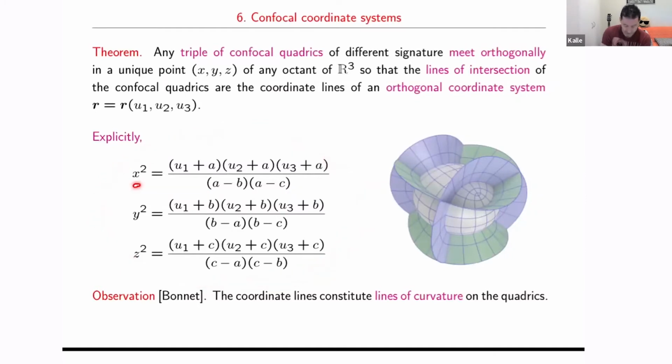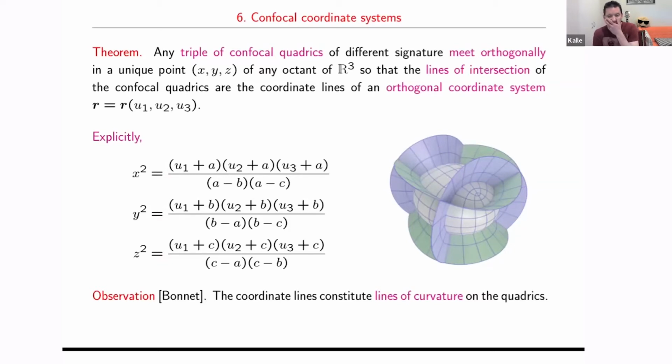Of course you have a choice here. You can choose plus or minus, plus or minus, plus or minus here. So you get 8 choices, and those 8 choices correspond to the 8 octants of R3. For each choice of the signs, you get a well-defined orthogonal coordinate system in the corresponding octant.